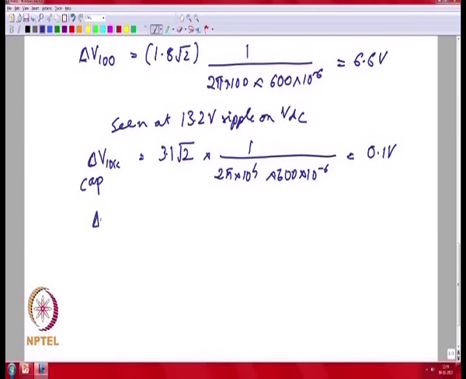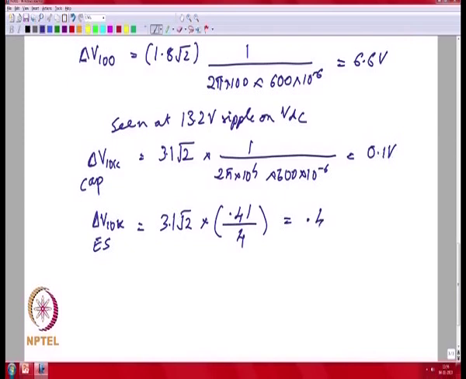If you look at the ripple because of the ESR in the capacitor with a similar switching frequency current flowing through, the ESR of the capacitor was 0.41 ohms at 10 kilohertz. There are 4 capacitors in parallel.